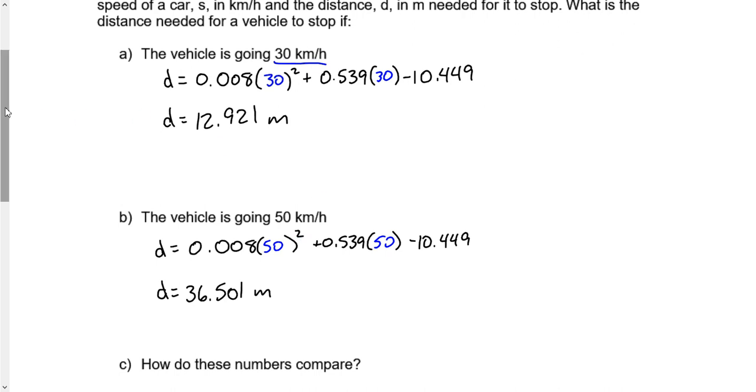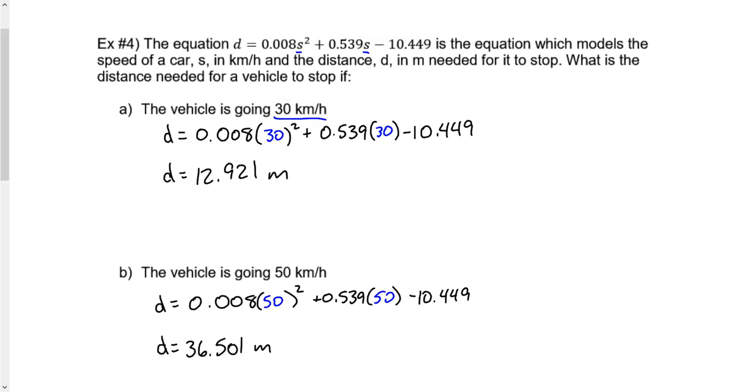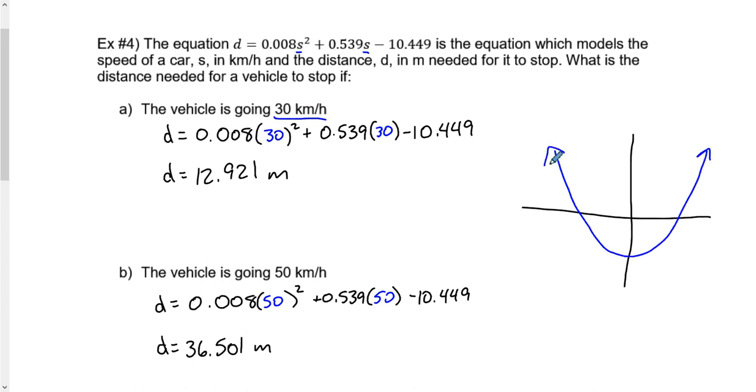So how does this overall talk about our polynomial functions? Well, if we were to graph this, because it's a square, it would be a parabola. Our parabola would look something like this, of course a very rough sketch.